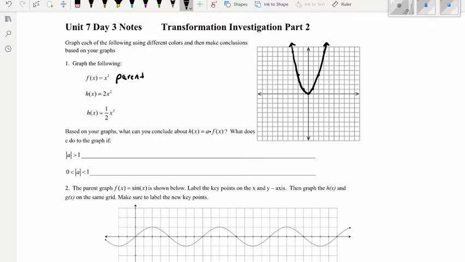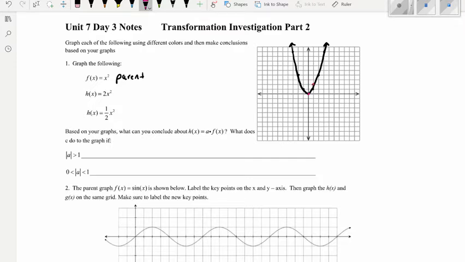Now we've done these transformations before. So if you have a 2 on the outside of your equation, notice that means the 2 is not being squared. So what happens when we do that to our graph? That is going to change our graph vertically. So if I go ahead and plug in those values, again, 0 squared is 0. And if we plug in 1, notice that 1 squared is 1, but 1 times 2 would give us a y value of 2.